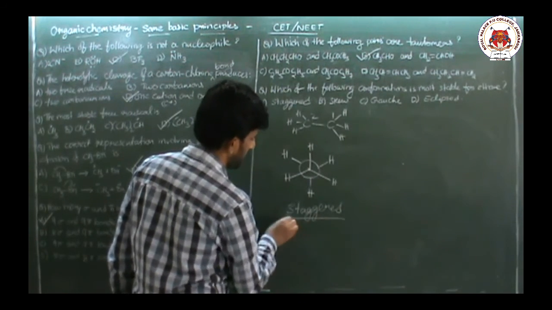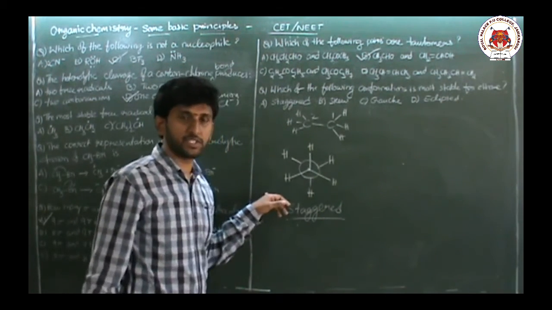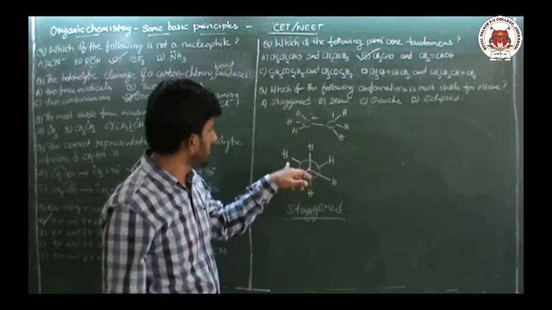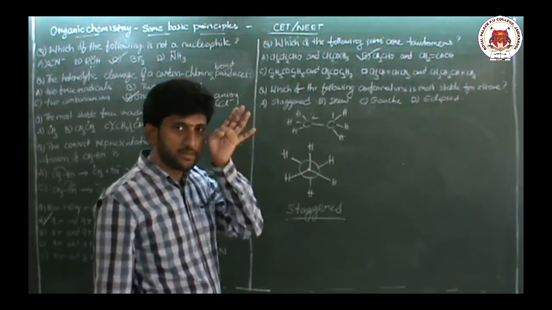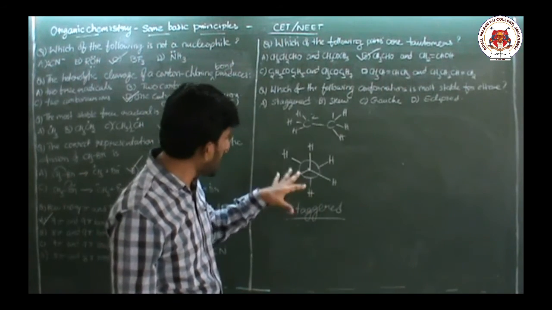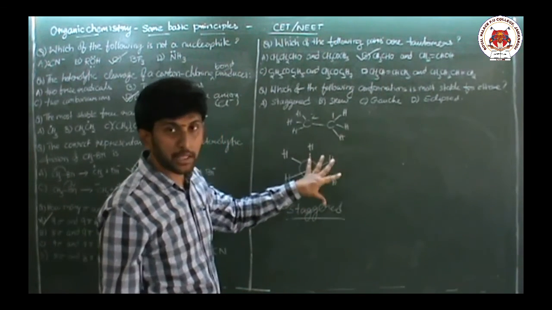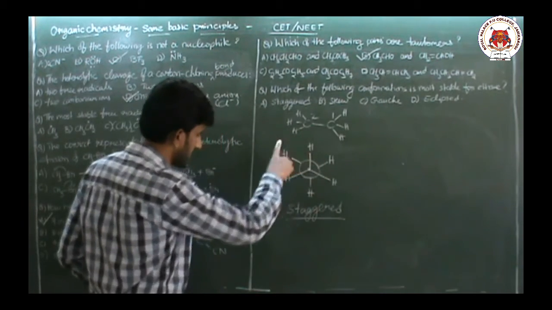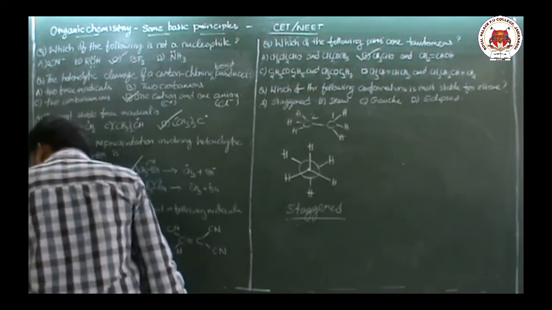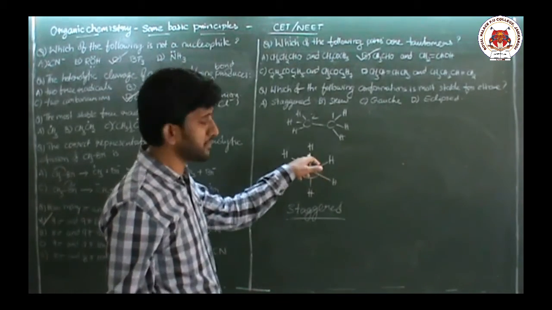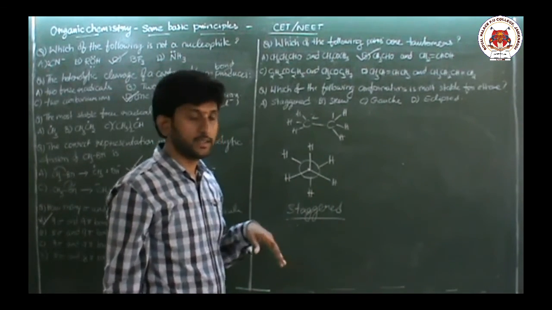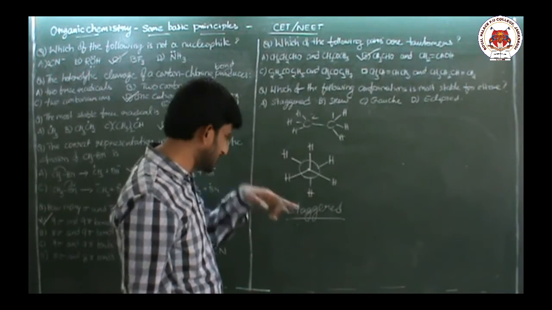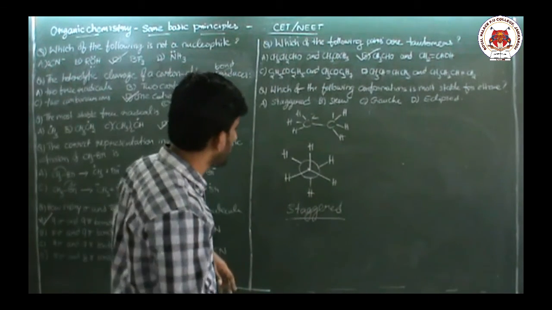Staggered conformation means the conformation in which the dihedral angle is 60 degrees. Between all the hydrogen atoms, it is a 360 circle, so the angle between any two should be 60. So that is the staggered conformation.